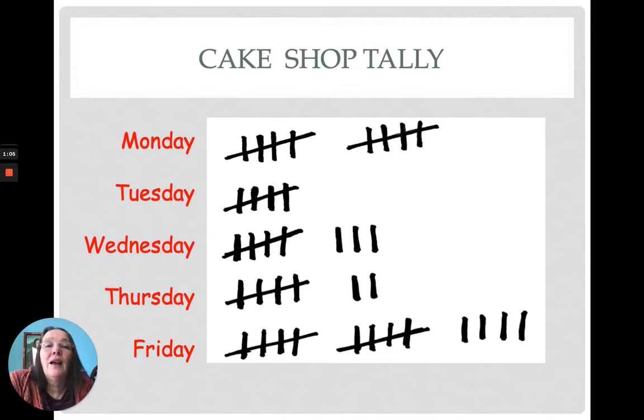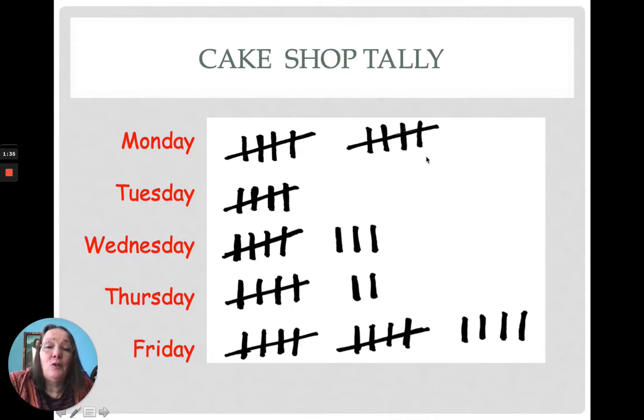Now, I've opened a cake shop. Not really. This is how many cakes I sold on Monday, Tuesday, Wednesday, Thursday and Friday. As you can see, it's just a quick tally chart. I can just keep track of it very, very quickly and easily, one mark, one cake. So, what did I do on Monday? Well, you should be able to tell me.